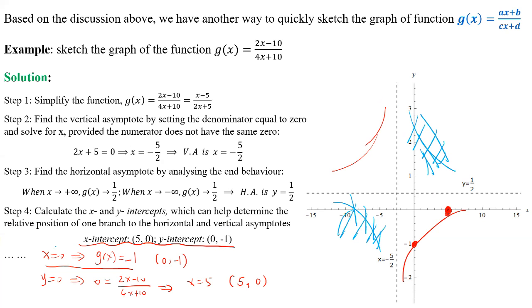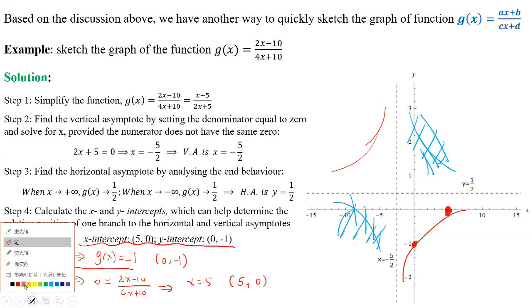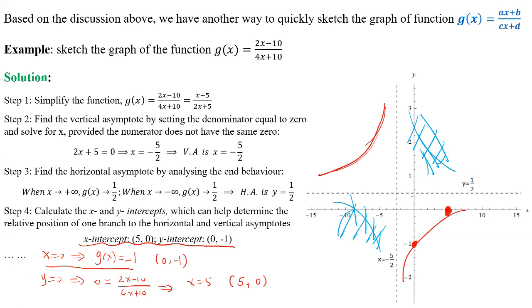So this function must have a pattern like this in order to pass through these 2 points. Do you understand? The x-intercept and y-intercept can help you to decide one branch of the graph. The other branch is just opposite of this point here, right?